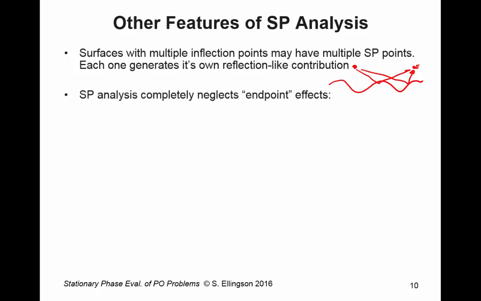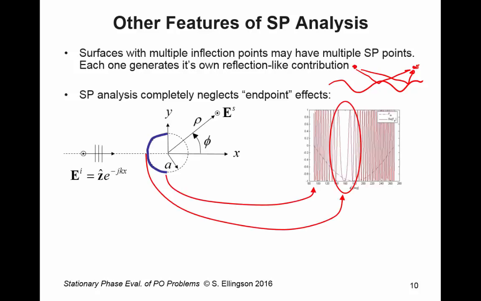Stationary phase analysis completely neglects the endpoint effects. So let me just show you a picture that's talking about that. When I compute the physical optics integral, I of course have this issue that the currents, the equivalent currents, are truncated at the shadow boundaries. And those shadow boundaries are, as I'm indicating here, this shadow boundary and then this shadow boundary, right?